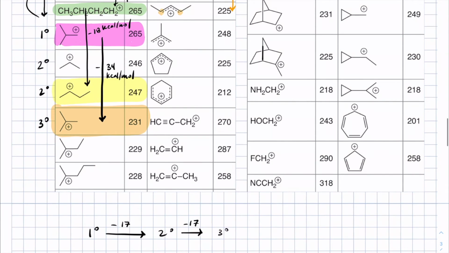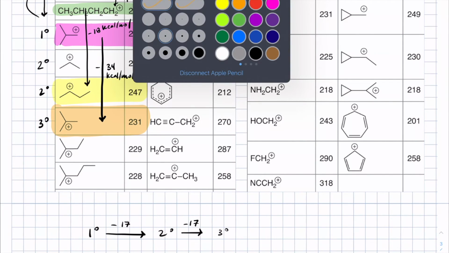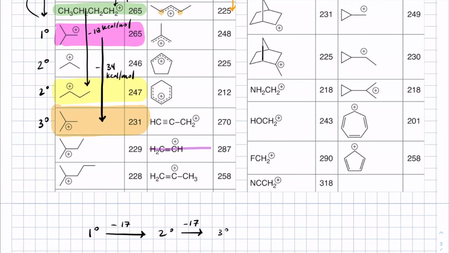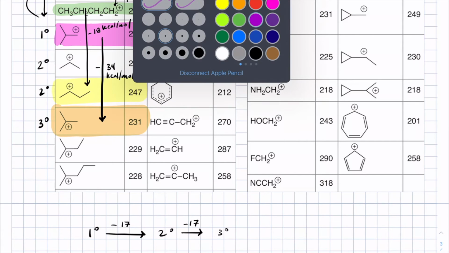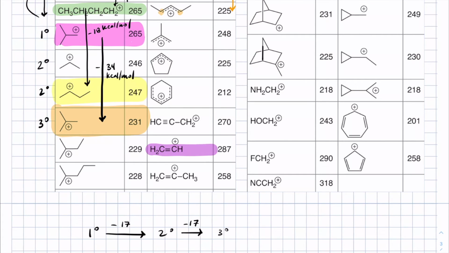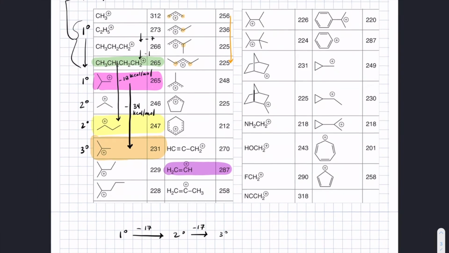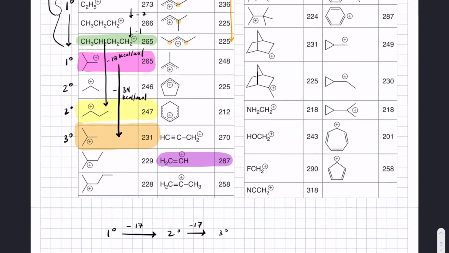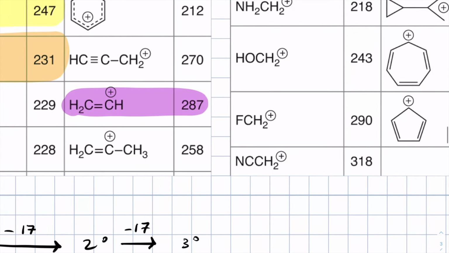Other notable features: primary carbocations, vinyl carbocations are frequently very poor in stability. The vinyl carbocation is way less stable than the ethyl primary carbocation.